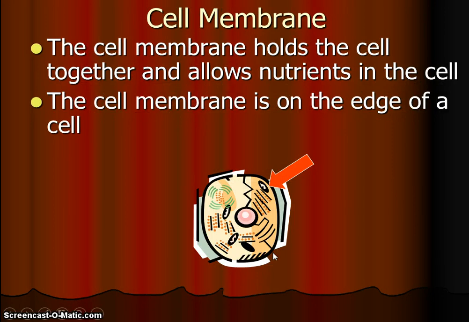Now we're going into the parts. Cell membrane. Cell membrane holds the cell together and allows nutrients in the cell. The membrane is on the edge of the cell. It's not the black part, it's just inside. Okay, that is the cell membrane.